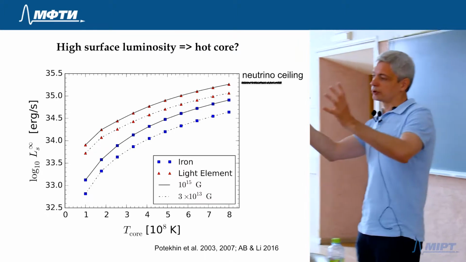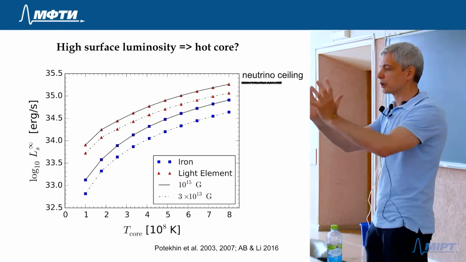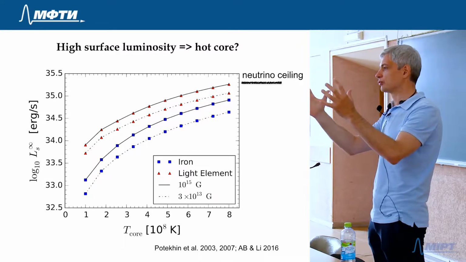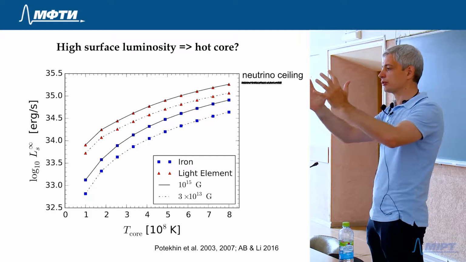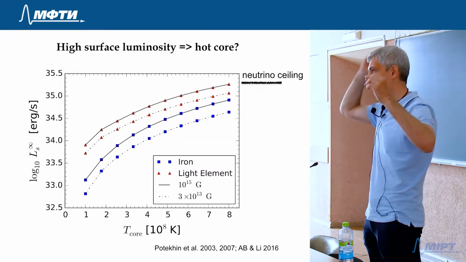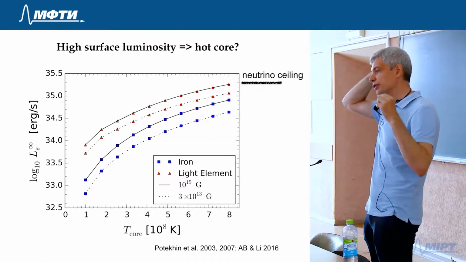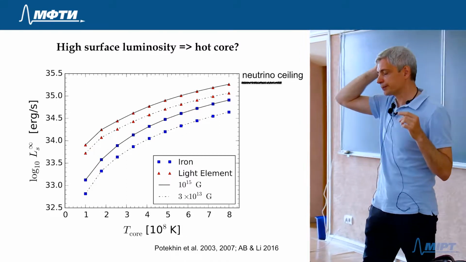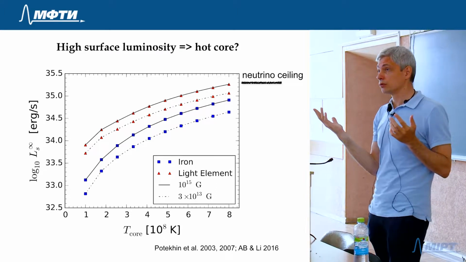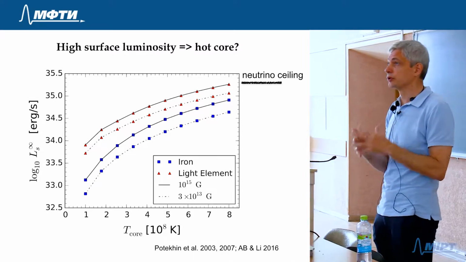Now, you assume a certain temperature in the core, and then you can calculate the simple steady-state heat transfer problem where the heat steadily diffuses to the surface and is radiated from the surface. Of course, for that, you need to know the thermal conductivity. That's the one thing you need to know if you want to solve a heat conduction problem.